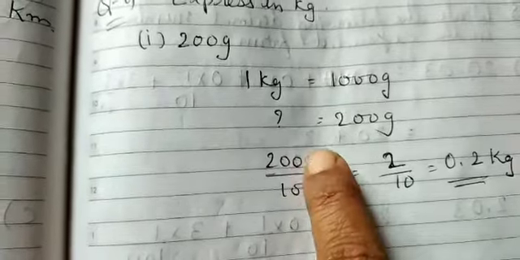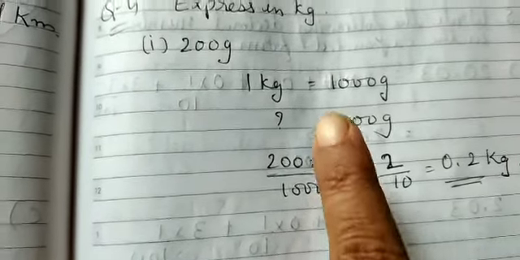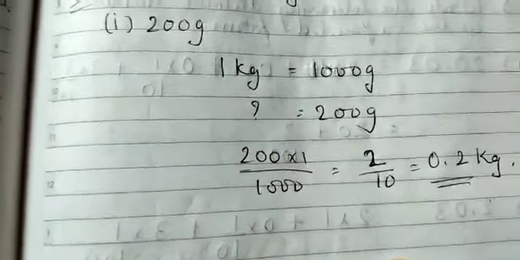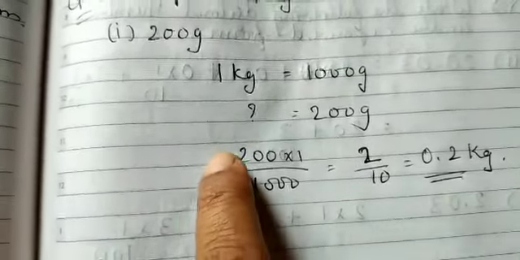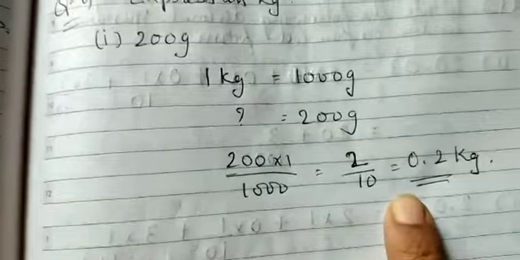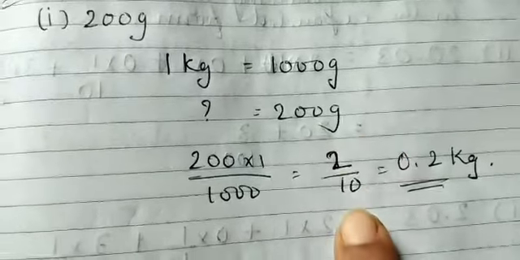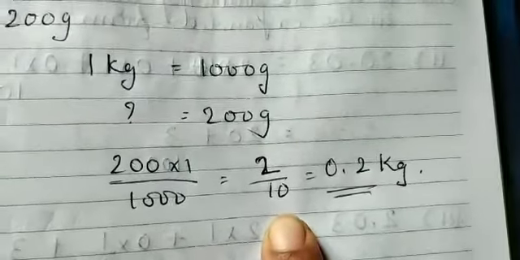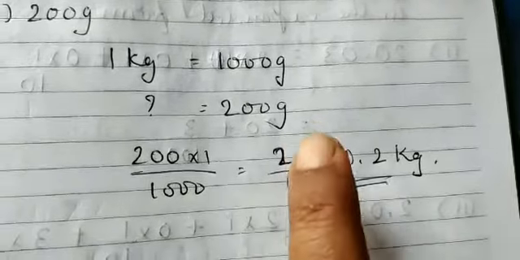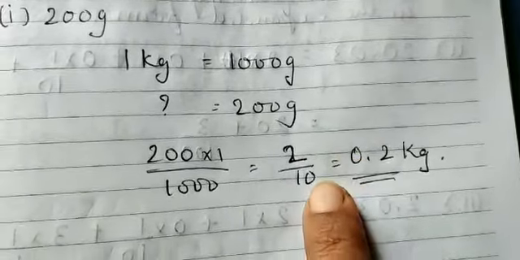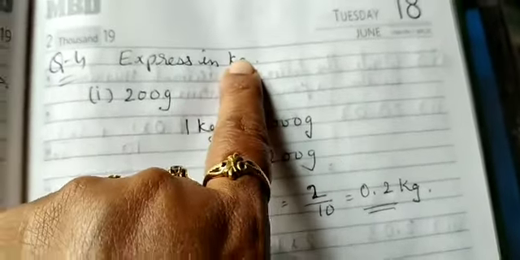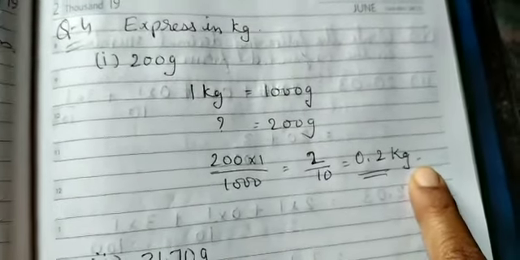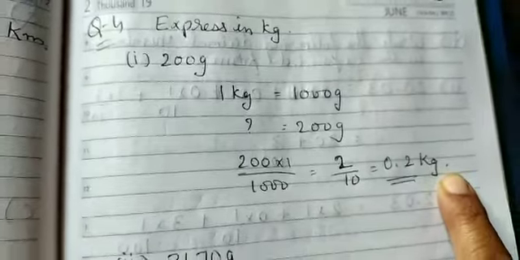So when we have zeros at the back, in the numerator and denominator, we just cut it. So what is remaining is 2 from the numerator and 10 from the denominator. So 2 by 10. So what are we going to do? 1 0, so 1 decimal place, so 0.2. What's the unit we have to write? Kg, because we have to express it in kilogram.